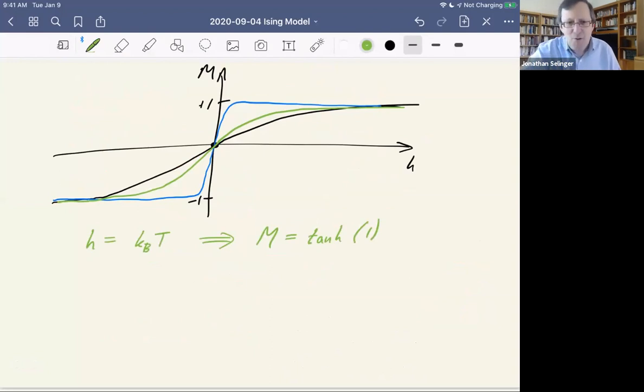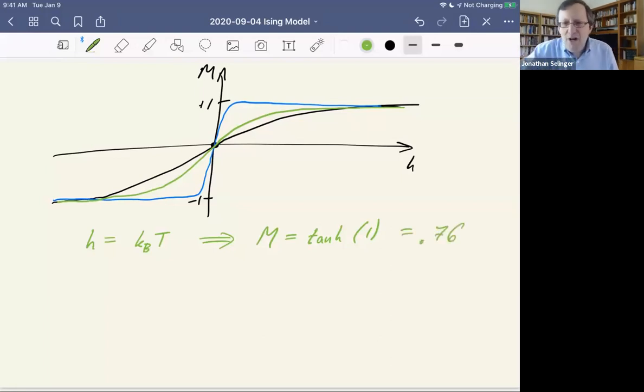I can't remember what number it is, but I'll look on my iPhone calculator app. I should have planned this in advance. Look, the iPhone calculator app knows about hyperbolic tangents, it's just right there in the corner. So if you do 1 hyperbolic tangent, this is 0.76.